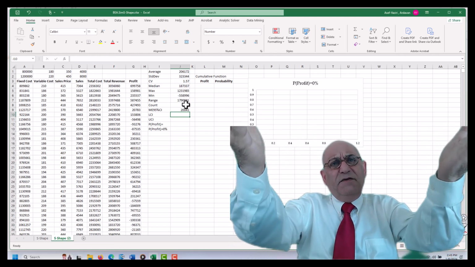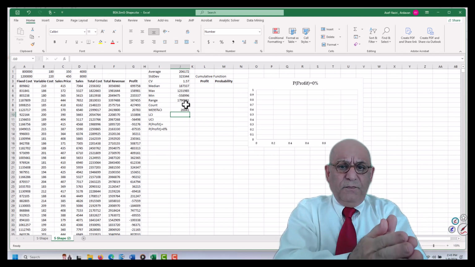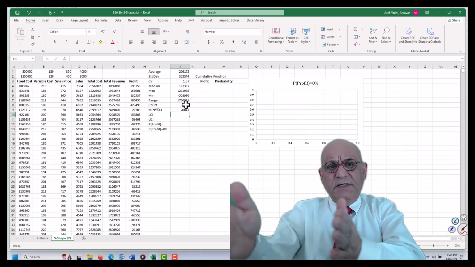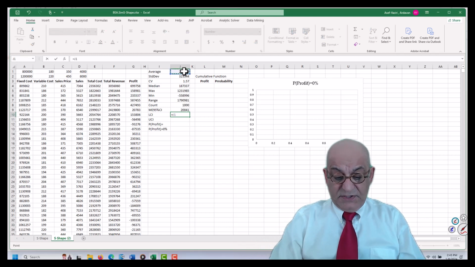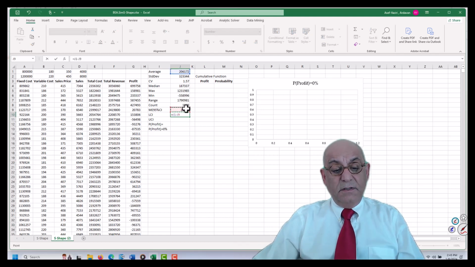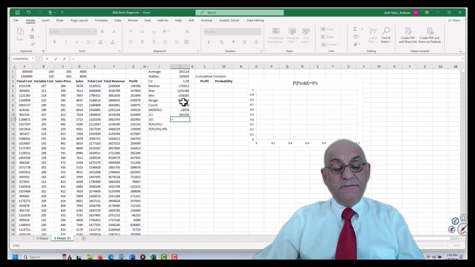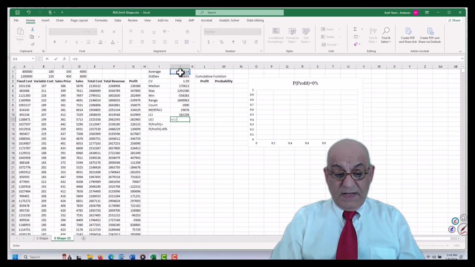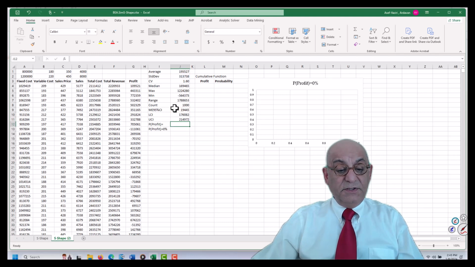Say with 95% confidence, you can assume that your profit is between this. And lower confidence interval is average minus margin. Higher confidence interval is average plus margin, the 95% margin.